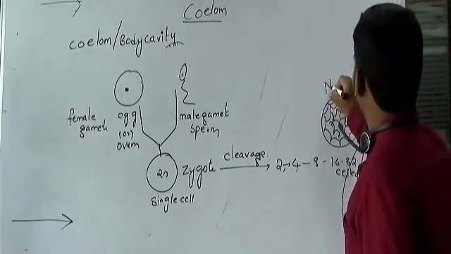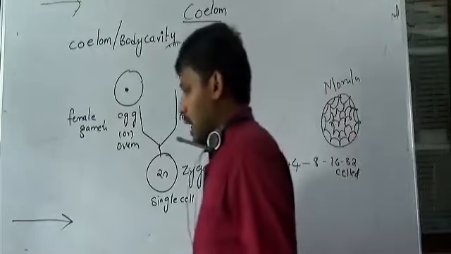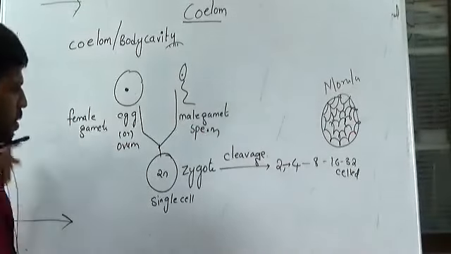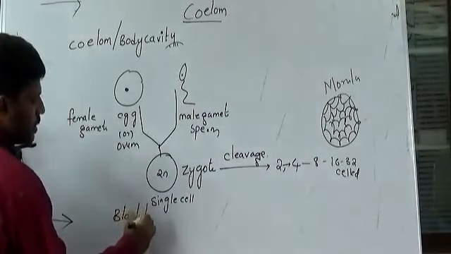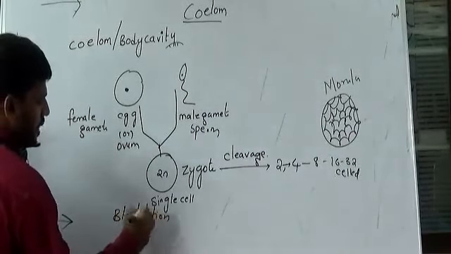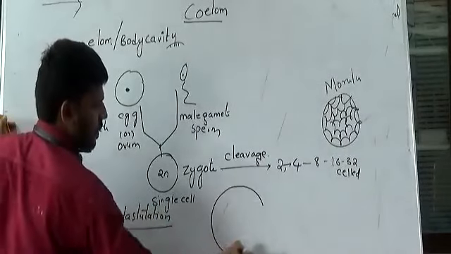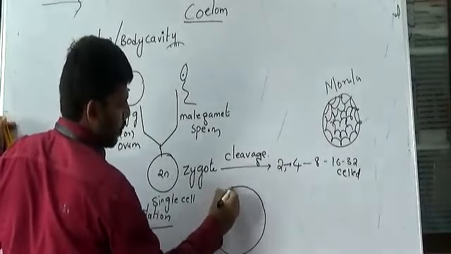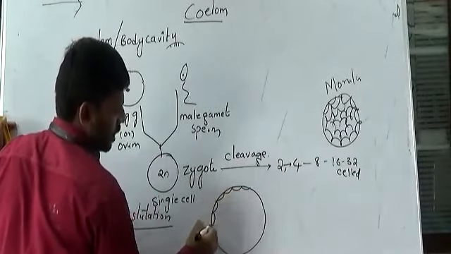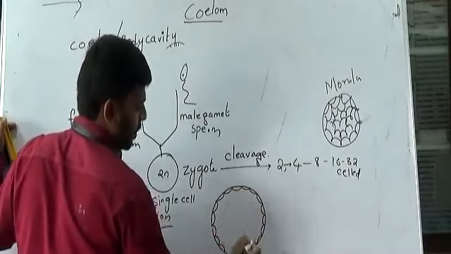This is a morula, and this morula undergoes a process called blastulation. In blastulation, whatever cells are present are going to compress, and they are going to move towards the periphery.